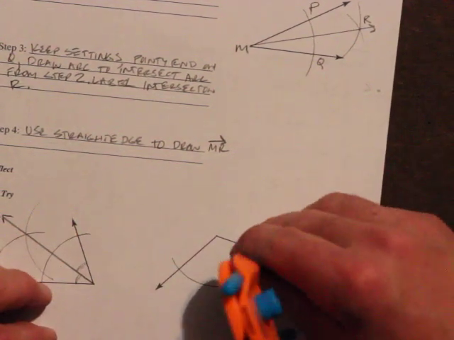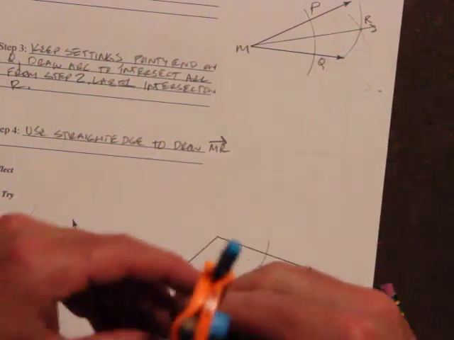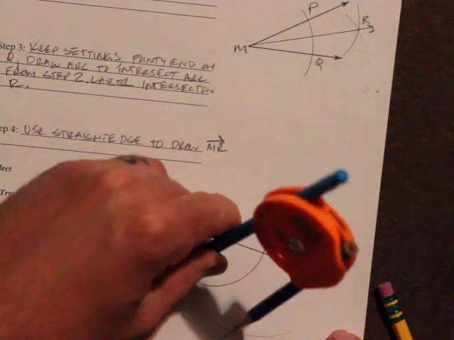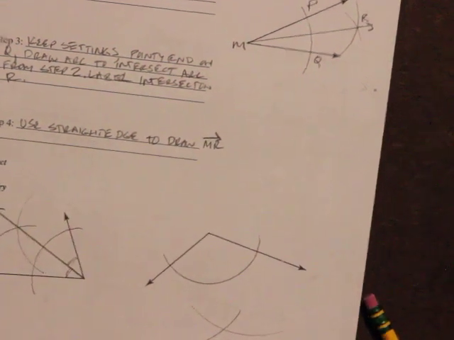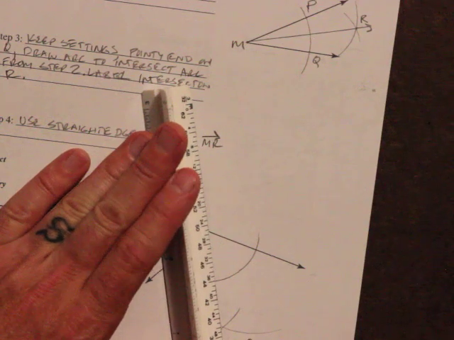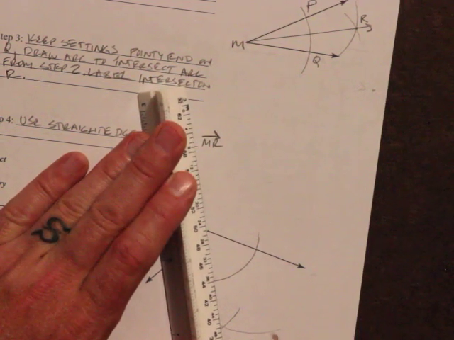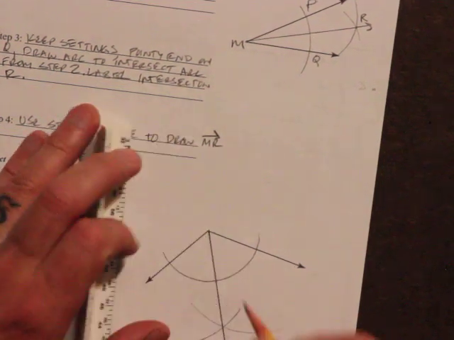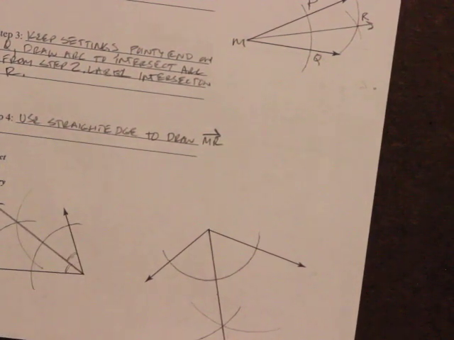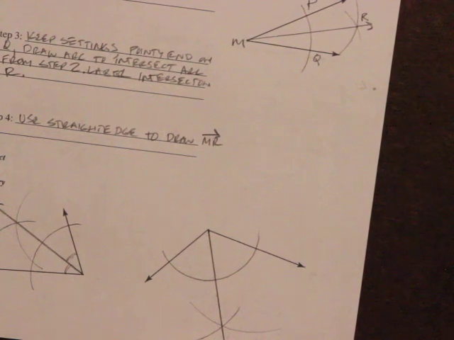So I'm going to go from this point, draw an arc, from this point, draw an arc. Now my arcs have intersected right there in the middle. I can go for my vertex, draw my ray. I've got 2 perfectly equal angles right here in the middle of that.